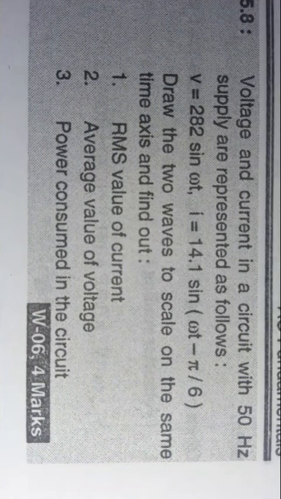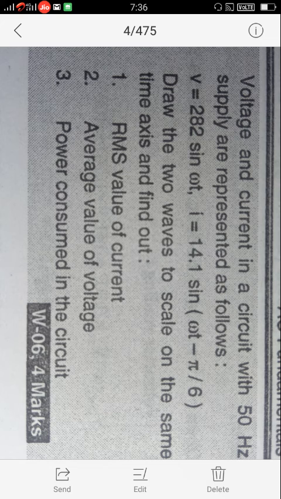Now we will go for one more example. Voltage and current in a circuit with 50 Hz supply are represented as V is equal to 282 sin omega t and I is equal to 14.1 sin omega t minus pi by 6.